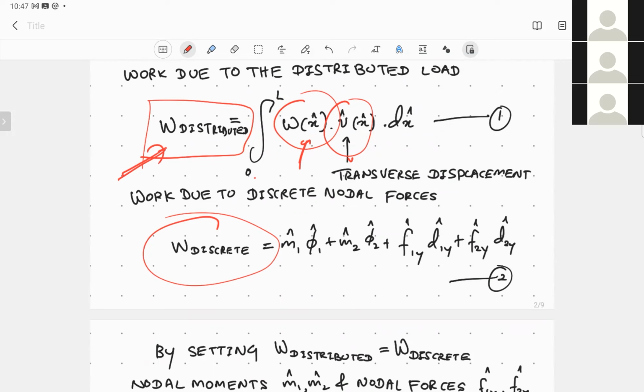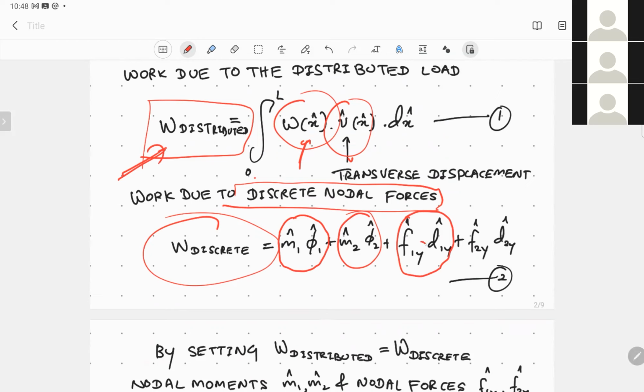So what is the work done by the discrete nodal forces? It is nothing but, at node number 1, the bending moment times the rotation. Node number 2, bending moment times the rotation. Of course, at node number 1, the shear force, that is F1 y hat times the displacement D1 y hat, and F2 y hat times the displacement D2 y hat. So this is the work done by the discrete forces, and this is the work done by the distributed forces.